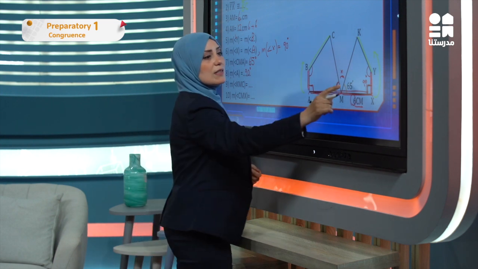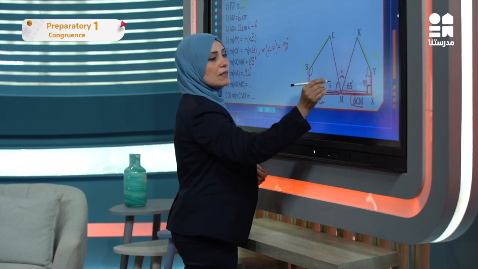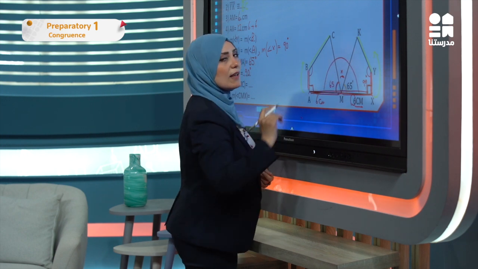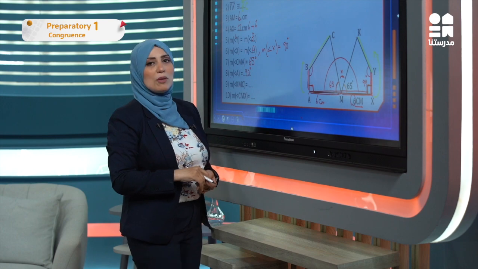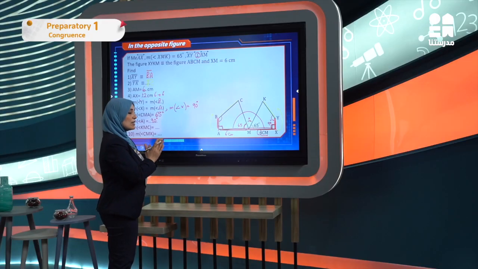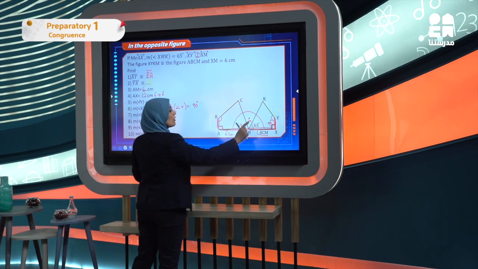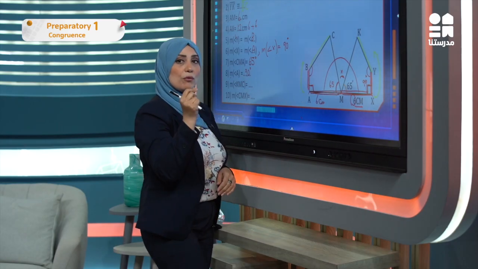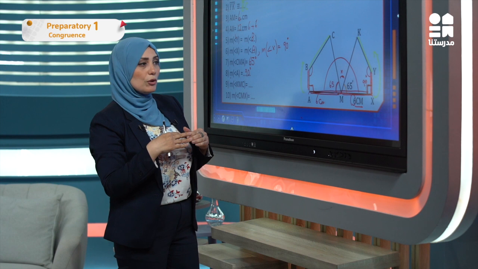If this one is 65 and here we have 65, they are making a straight angle, or supplementary angle. So the sum is 180. I know 65 and 65 and the missing one is here. So I need to add both of them, then subtract from 180.